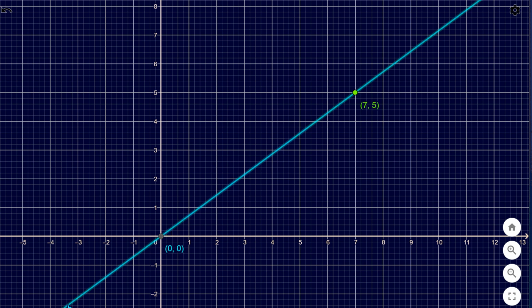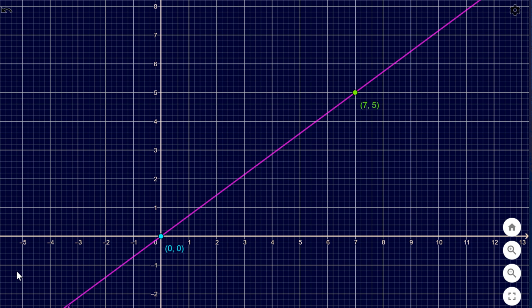Now, I'm going to take that away though, and I'm just going to type it in. You can't see it because it's out of your view, but I'm just going to type in the line y equals 5 over 7x. I'm going to type that equation into my graphing calculator here and see if it hits these 2 points. Oh, beautiful, beautiful fit.